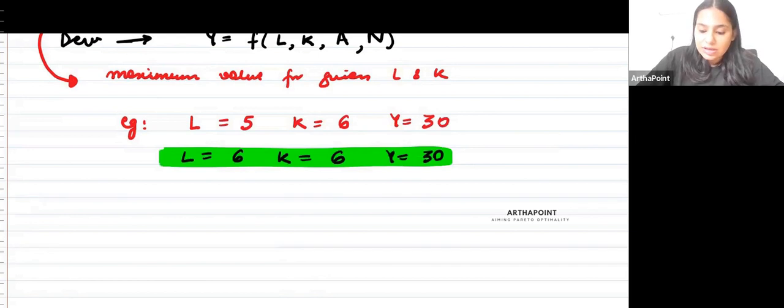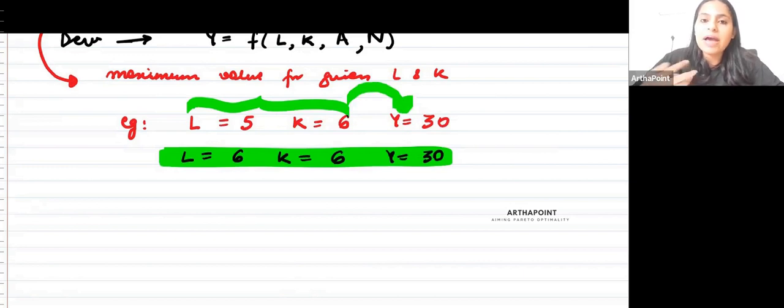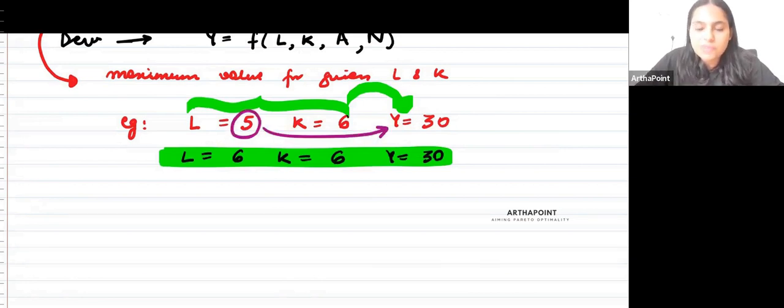Because here, for lesser labor and capital, I am able to generate the maximum output. Even with one less labor, I am able to generate 30 units of output. So there is no reason for me to be on the inefficient part. I don't want to be where I'm using more labor and capital.